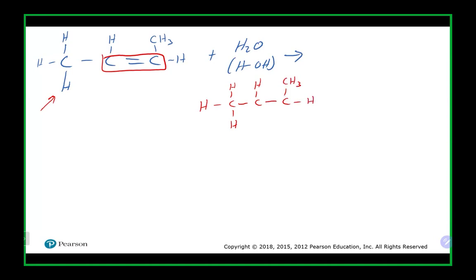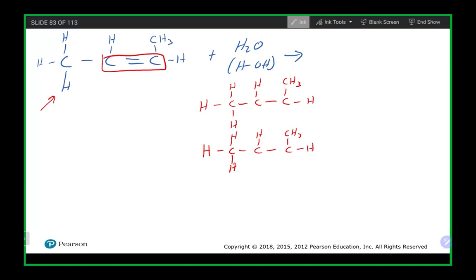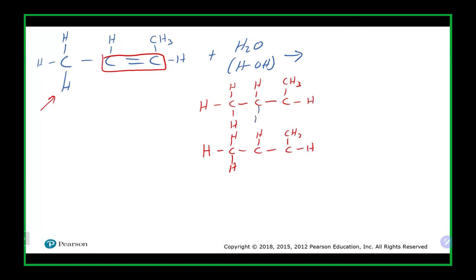I now have a location where I can put the hydrogen and the OH, because that's what water is going to add. So I'm going to redraw this one more time the exact same way, and we're going to talk about the two options of what could happen. Option number 1 is I could lay my hydrogen over here on the left and my OH on the right.